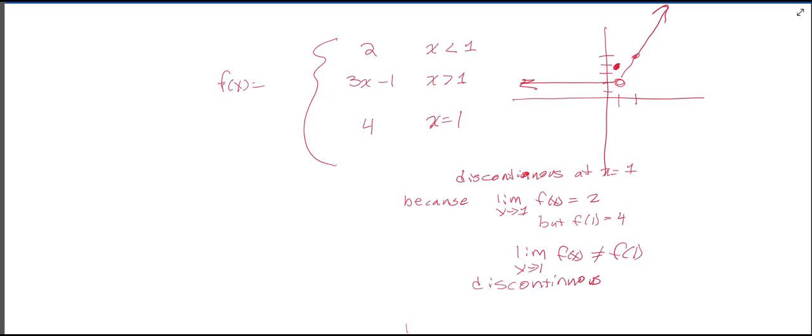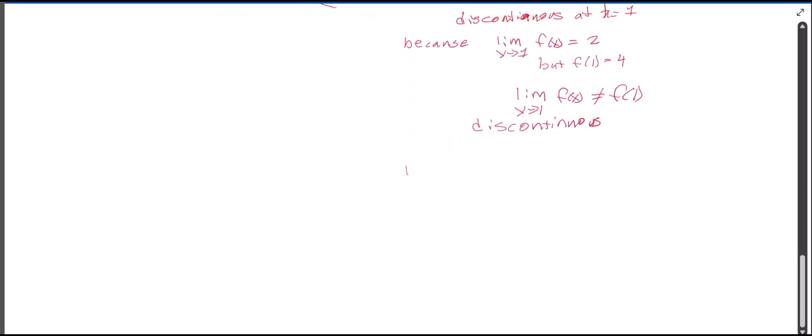Okay, before I go on with my discussion of the different families of functions, I want to look at another way this question about continuity might be asked. So let's say that we had a function that looked like this.